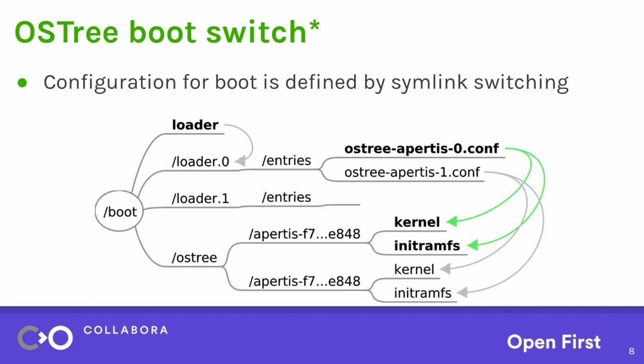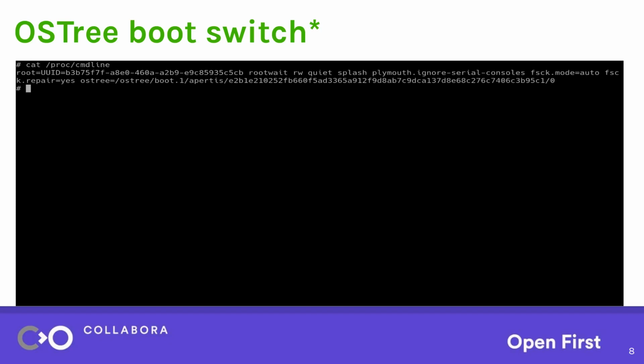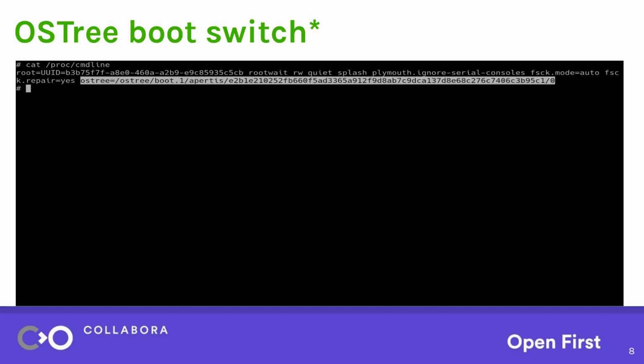The kernel, initramfs, and kernel parameters are defined in the bootloader's config, as well as the deployment ID to use for rootfs. If we check the kernel command line, we will see a special option named ostree, which points to the full path of the bootable deployment.